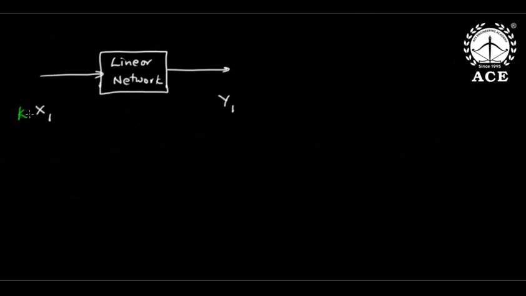Now if I scale this by a factor k1, the output is also scaled by the factor k1. That is called homogeneity. Similarly, if I give an input x2, it produces an output y2, and if I scale this by a factor k2, the output is also scaled by k2.